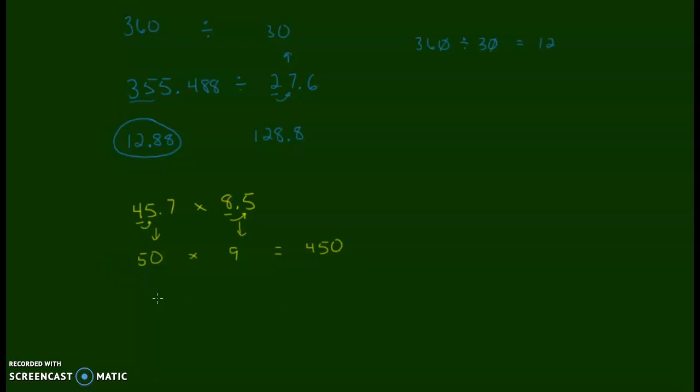And for our choices for an answer, I should have had those written down, but our choices are 3,884 and 5/10, or 388 and 45 hundredths. And based on our rounding, our estimate of 450, we can see that the closest we can get to that is 388 and 45 hundredths.